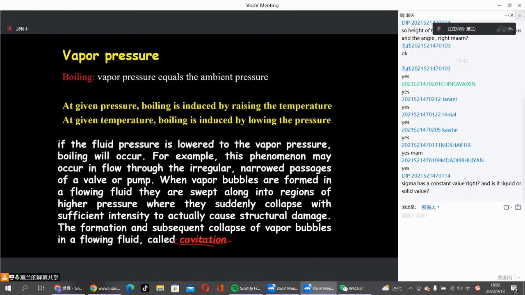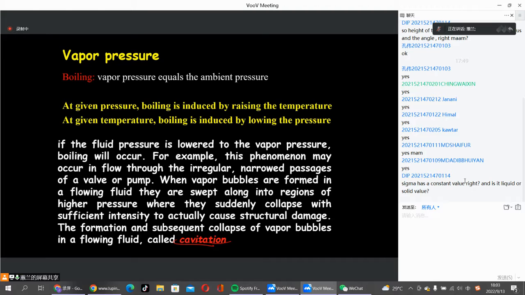Because outside the bubble the pressure is larger and inside the pressure is lower, the bubble definitely will collapse, and if the collapse has sufficient intensity, it will cause structural damage. Actually, you will see in factories that most valves are damaged because of cavitation. The formation and subsequent collapse of vapor bubbles in a flowing fluid is called cavitation. The bubble collapse will cause very huge structural damage.